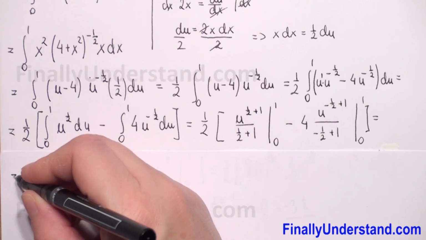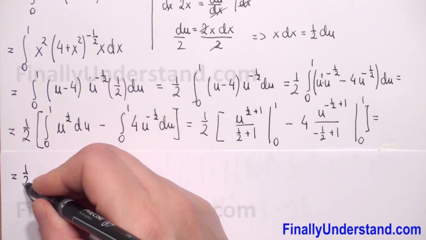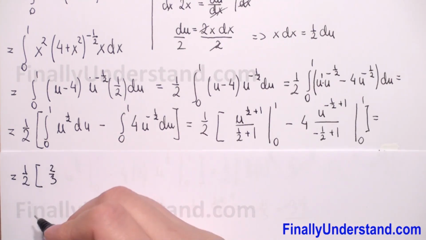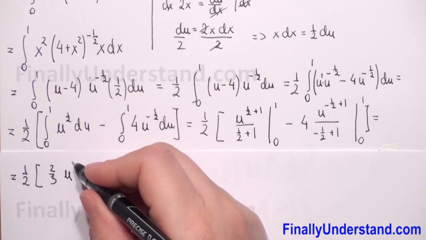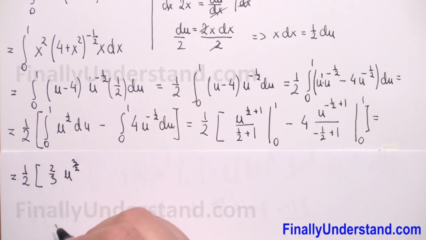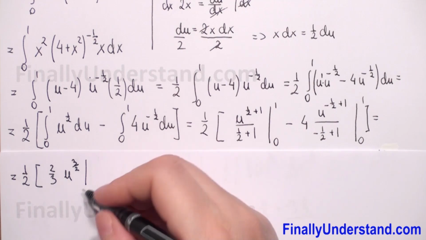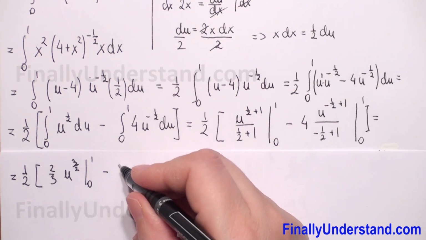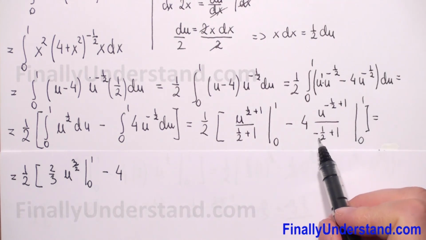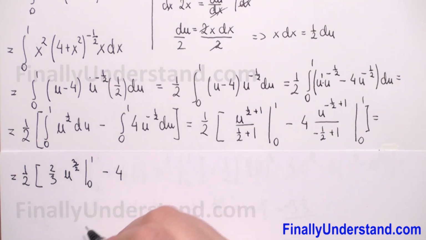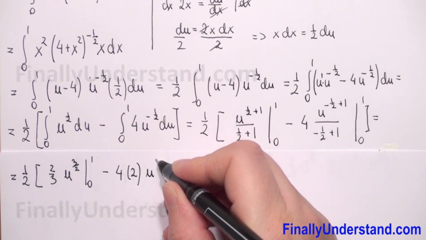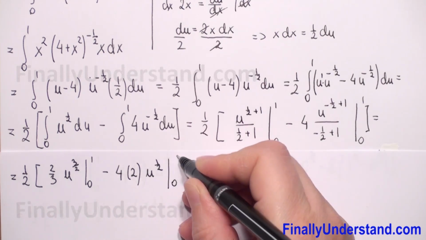So this is equal. We have 1/2, and in brackets we will have 1/2 plus 1 is 3 over 2, so it will be 2 over 3 times u to the power 3 over 2, and we have limits from 0 to 1, minus we have 4 times, negative 1/2 plus 1 is 1/2, so it will be times 2, and we have u to the power 1/2 with limits from 0 to 1.